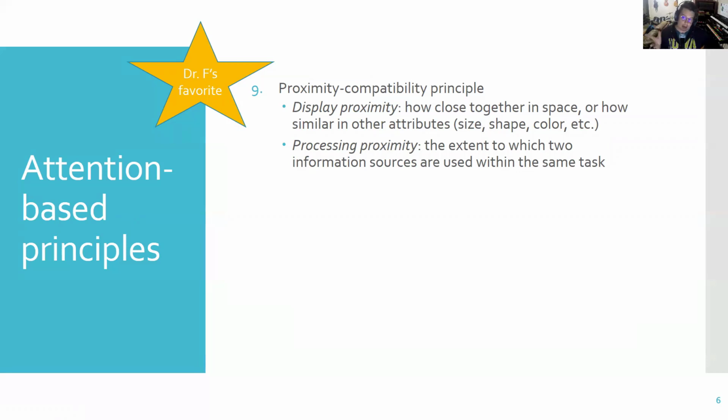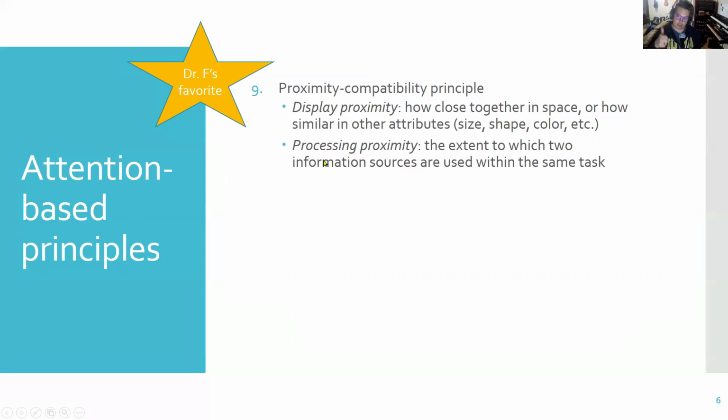The display proximity. And so this relates to if I have two different display elements, how similar they look and how much they look like they go together. So there's a lot of ways, the way that humans process visually a scene, what makes things look like they go together, if they have similar shape or size or other stylistic properties. This makes people sort of naturally associate them. And so that's what we call the display proximity.